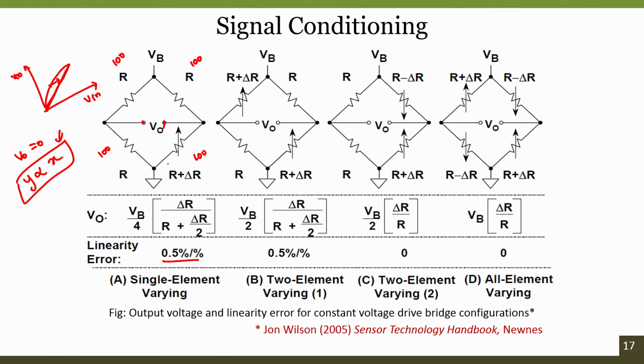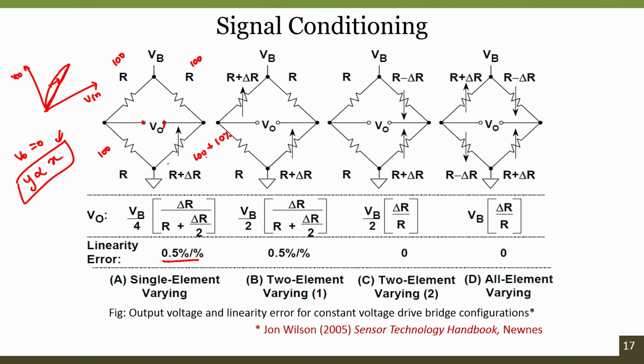Now consider it. Under no loading condition, with all the resistances the same, V naught is 0, good. Then for any change of resistance, because this is the only sensor, for any 10% change of resistance, if I observe the output variation is some y%, and if that y% is constant throughout the operation, I can say this is linear.